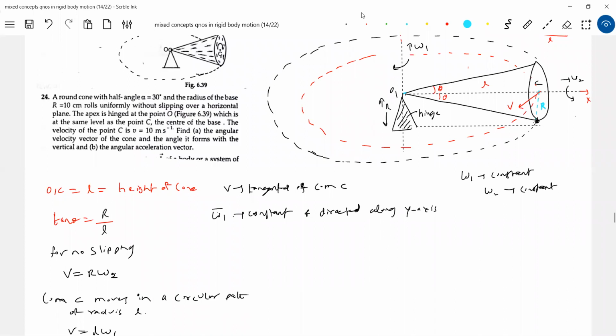So at one instant omega 2, let me get into this. Now first let's look at this circle. That dotted circle, I'll put it.